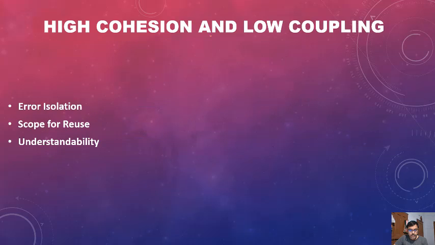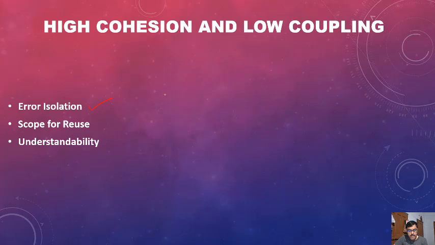Now these are the advantages if we make our modules with high cohesion and low coupling. The first one is error isolation. Whenever an error exists in a module, functional independence reduces the chances of error propagation to other modules.